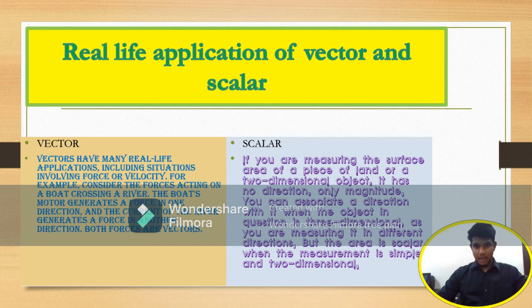Now let's go to scalar. If you are measuring the surface area of a piece of land or a two-dimensional object, it has no direction, only magnitude. You can associate a direction with it when the object in question is three-dimensional, as you are measuring it in different directions, but the area is scalar when the measurement is simple and two-dimensional.